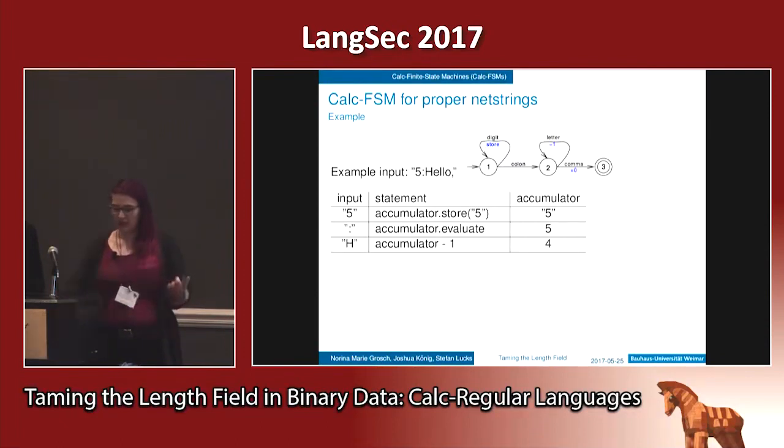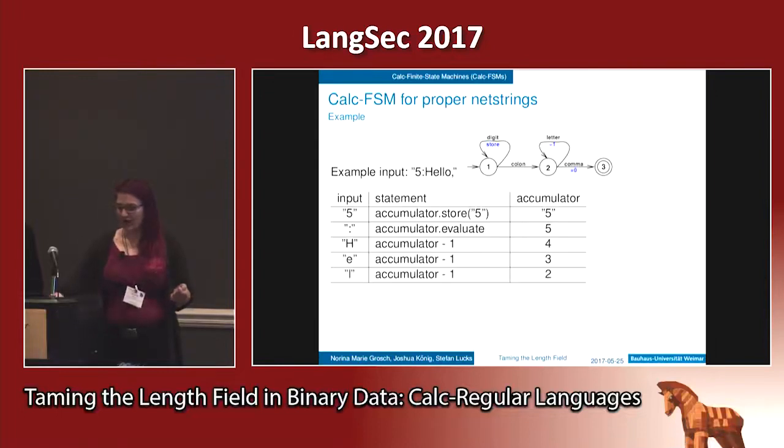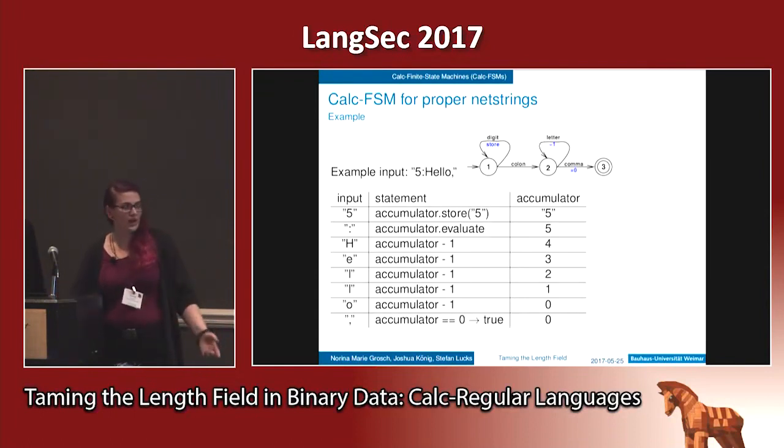Then we read the h, and decrement the accumulator by 1, which is now the value 4. Same we do for e, l, the second l and the o. And then the next symbol we read is the comma. So we check if our accumulator is really 0, and it is, so we can accept the string, which is a proper netstring, as you see.